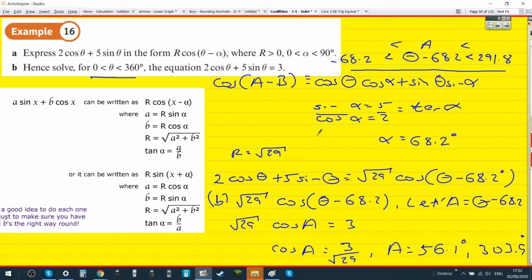So 303.9 minus 360 is minus 56.1. Yes, and that's because it's symmetrical about the y-axis. So A is plus or minus 56.1. What is next?